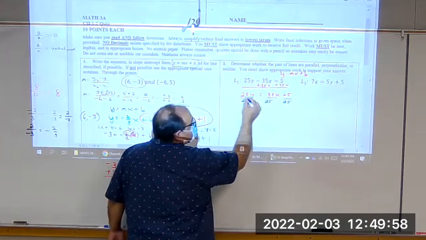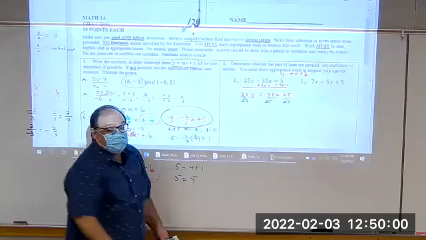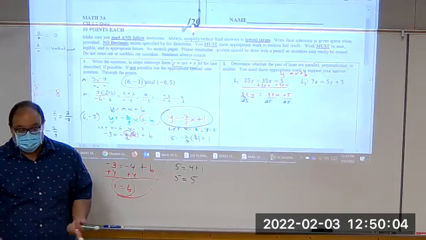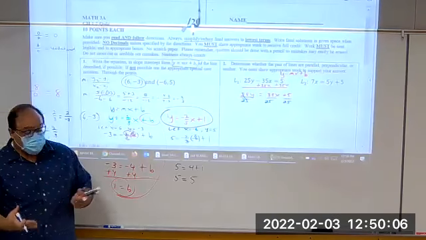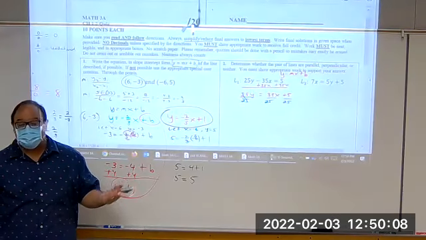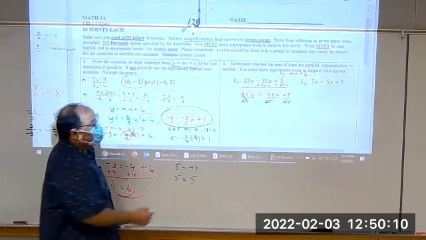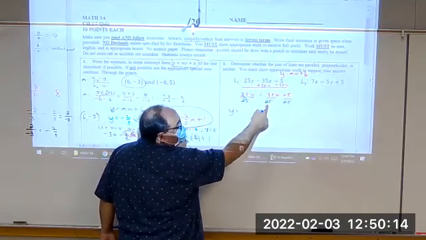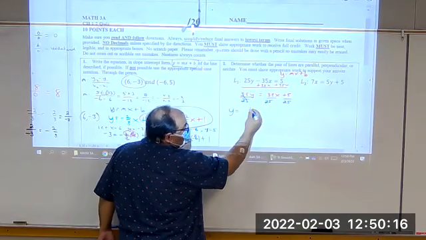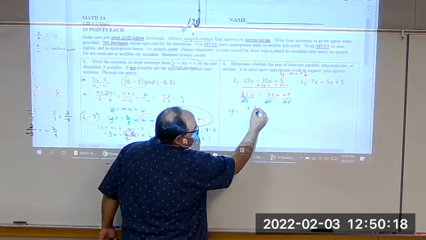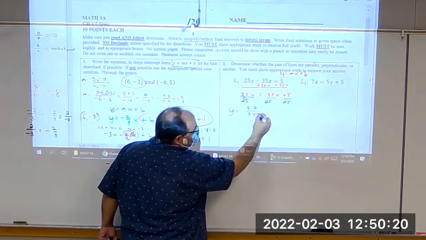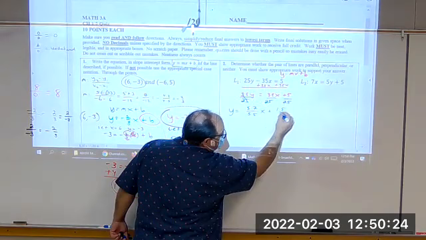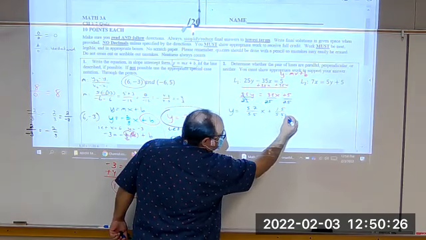And again, simplify. Reduce. You're trying to compare 35 over 25 to something else. 35 and 25 have a common factor of 5. This is 5 times 7 over 5 times 5x, and this is 1 times 5 over 5 times 5.